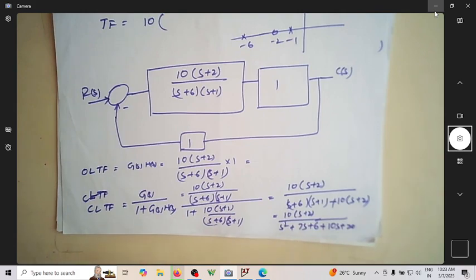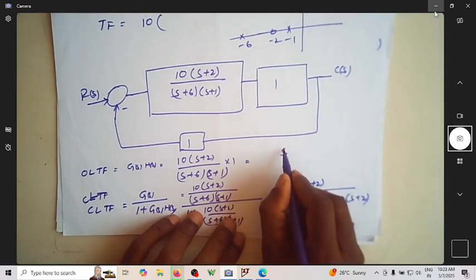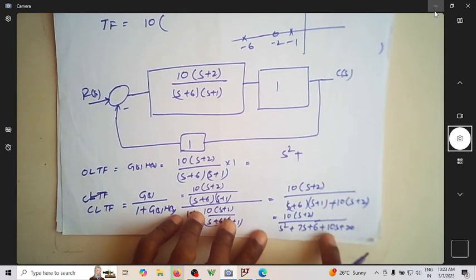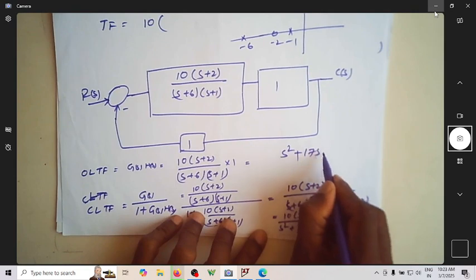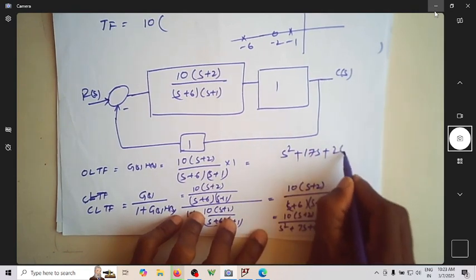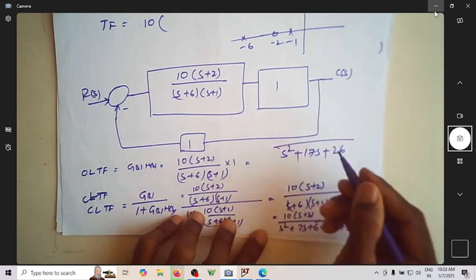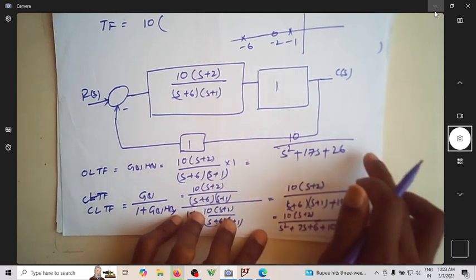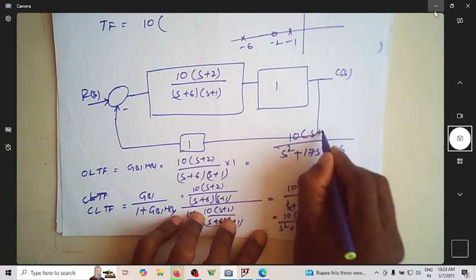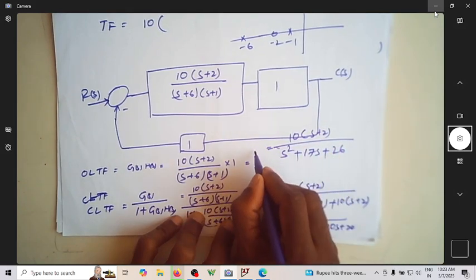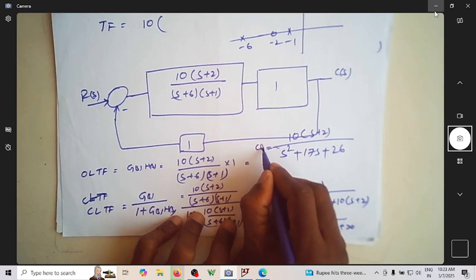Can somebody tell me what is the simplified version of this? It is s square plus 17s plus 26. Correct? This is my denominator, and in the numerator you have s plus 2. Is this my C(s) by R(s), that is the closed loop transfer function?